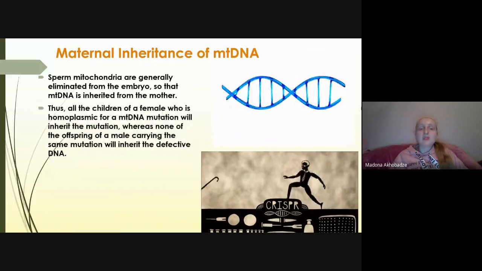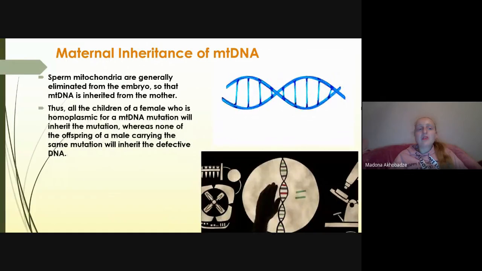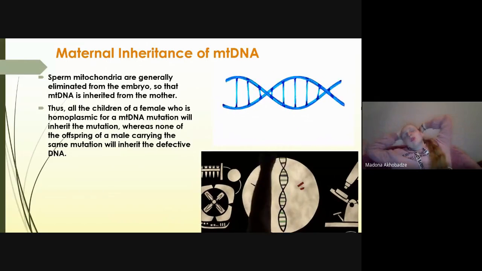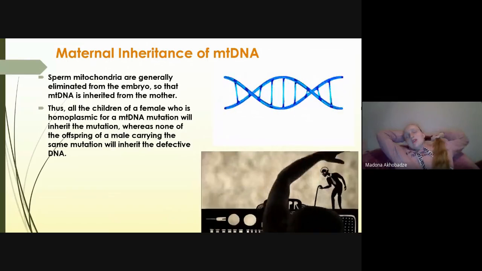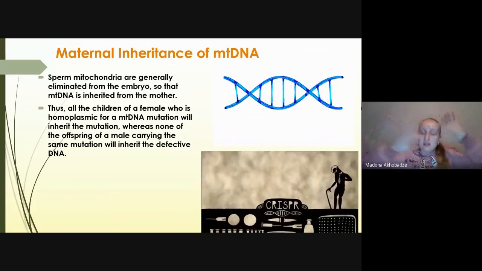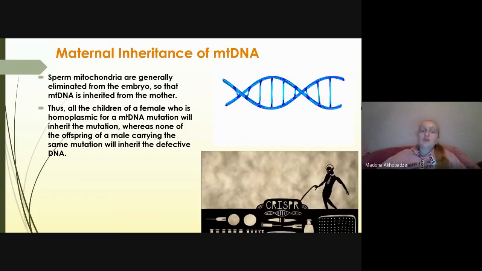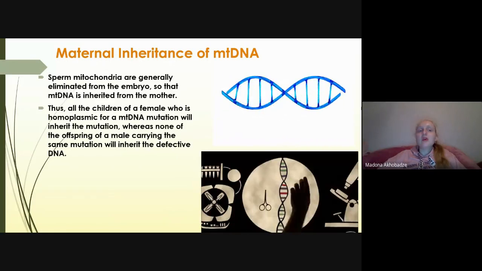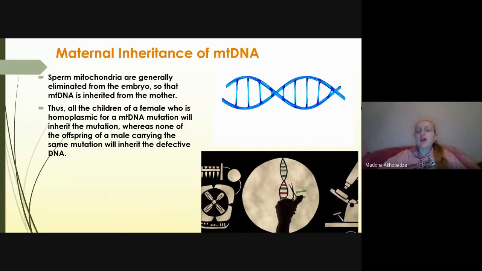Okay, all the children of a female who is homoplastic. We cannot say heterogenic or homogenic, heterozygous or homozygous when we're talking about the mitochondrial genome; we say homoplastic or heteroplastic. What does that mean?